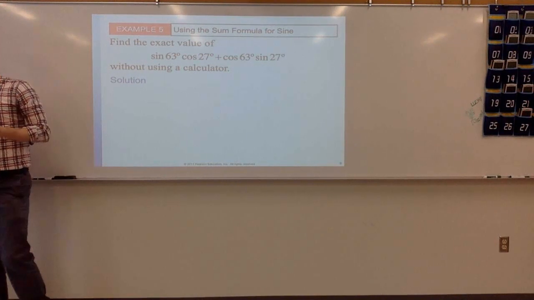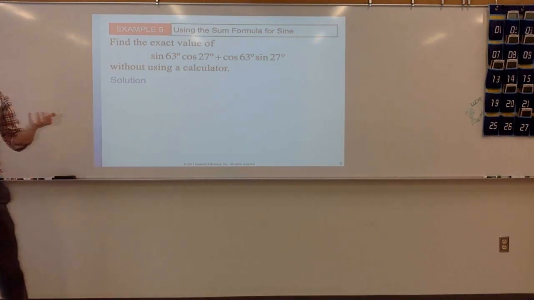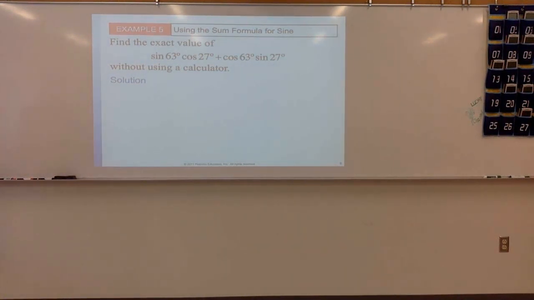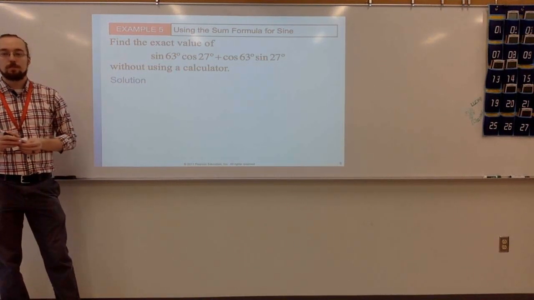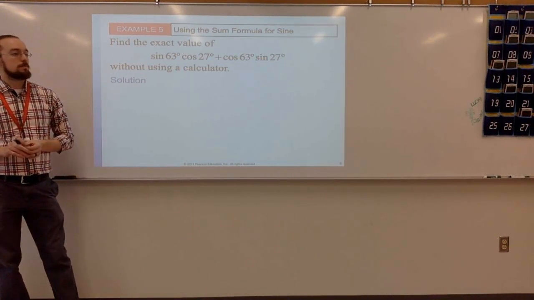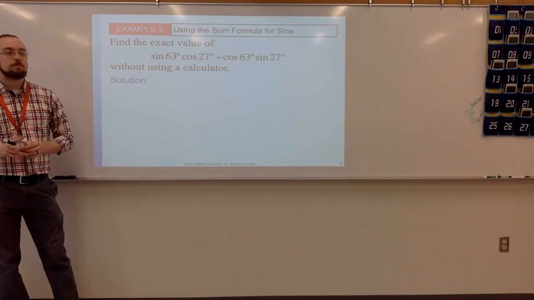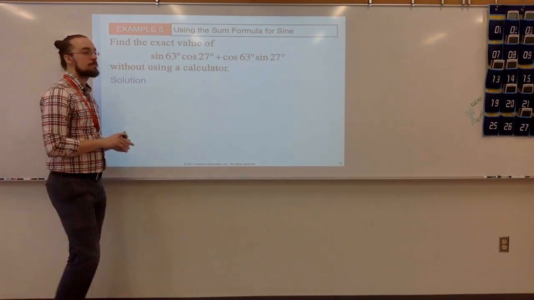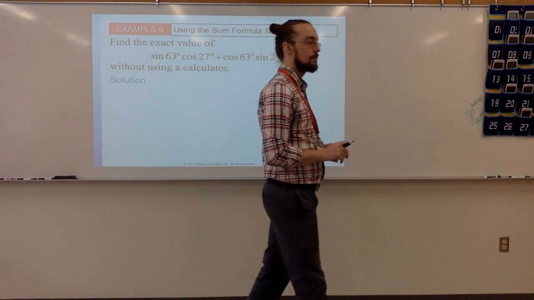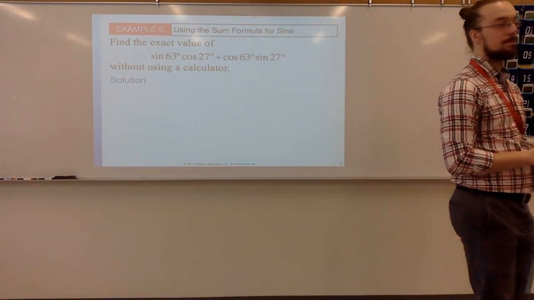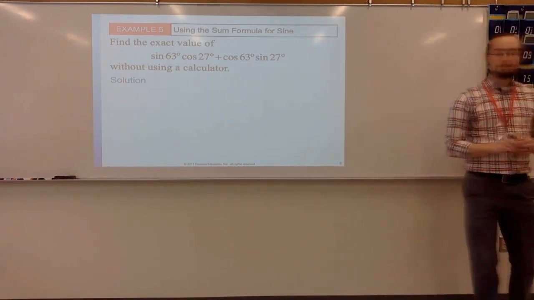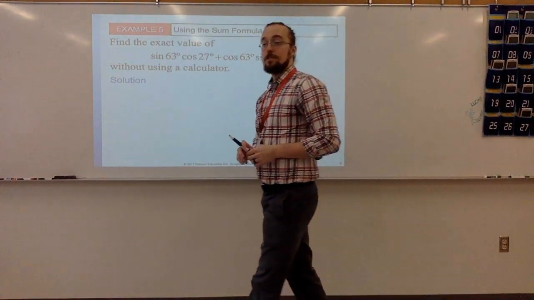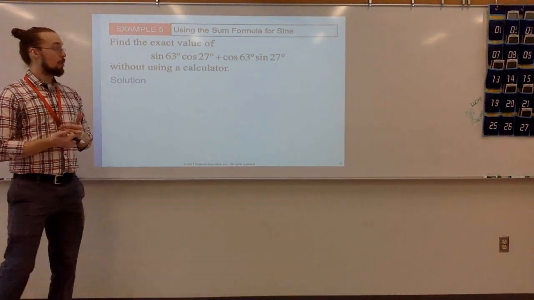So sine of A times cosine of B plus cosine of A times sine of B. Which of our sum and difference formulas fits that pattern? Cosine has both cosines on one side and both sines on the other. Wouldn't that just be a sine addition? This is the sum formula for sine.